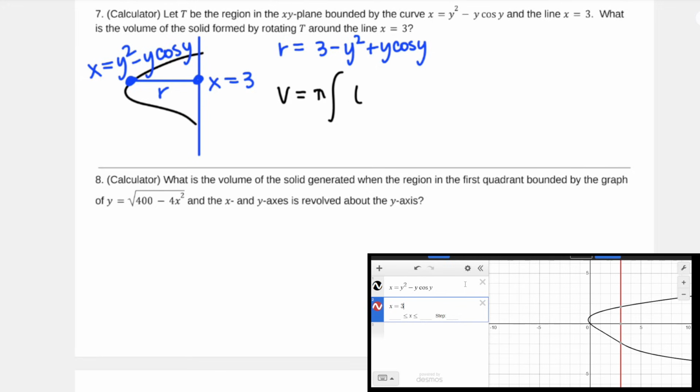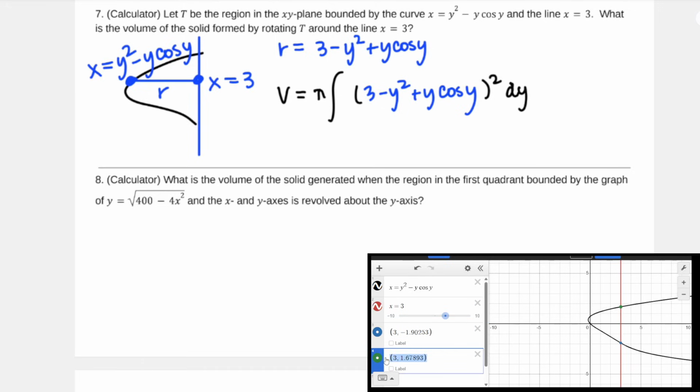Pi times the integral of 3 minus y squared plus y cosine y, and then dy. We're going to need the bounds, and these are just real numbers. So I'll say that one's B, this one's going to be A. And so I've got the bounds stored.